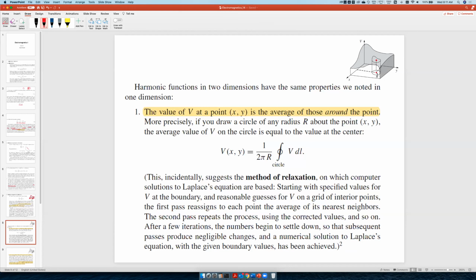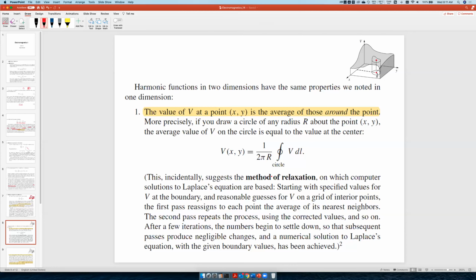The second pass repeats the process using the corrected values, and then again and again. After a few iterations, the numbers begin to settle down, and subsequent passes produce negligible changes, and then a numerical solution to the Laplace equation has been achieved.